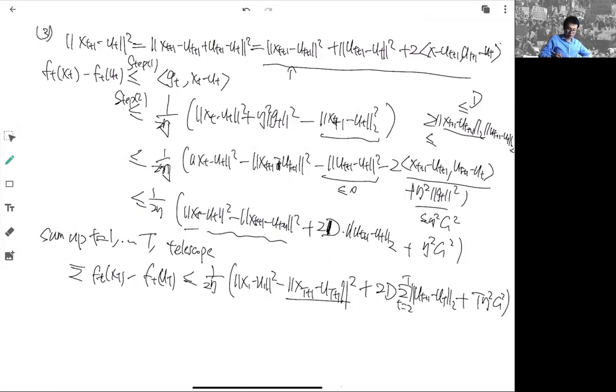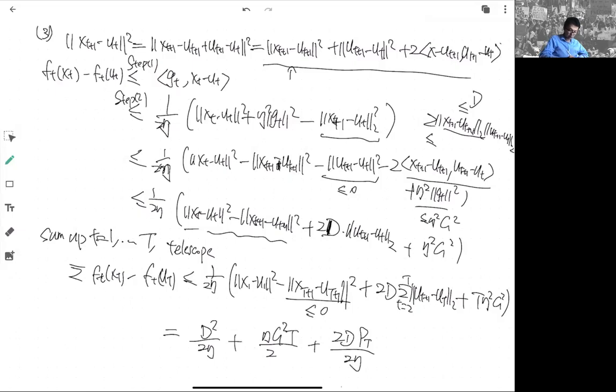And then let's bring this 1 over 2 eta inside, drop this term that's negative, and substitute the definition of the path length. And we end up getting D squared over 2 eta plus g squared T, so this comes from the last one, and then plus 2D times the path length over 2 eta. Okay, so this completes a proof of the theorem.